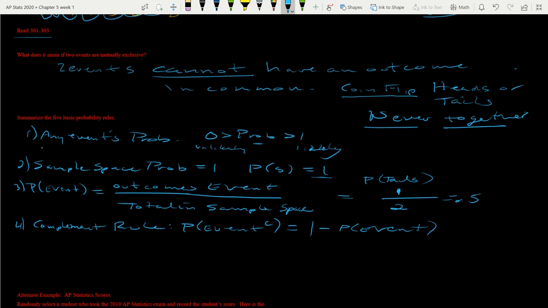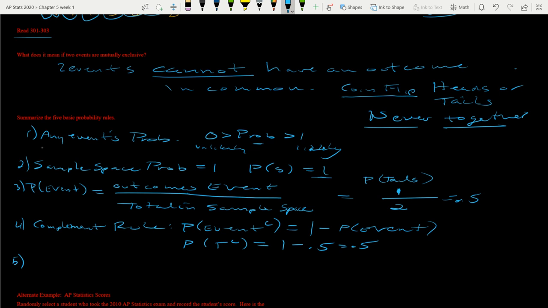So, in other words, what's the probability of not getting tails? What's the probability of the tails complement, meaning the probability of getting heads? Well, it's 1 minus the probability of getting tails, which is equal to 0.5. That's what they mean by the complement. What's the probability of getting the other thing you're looking for?